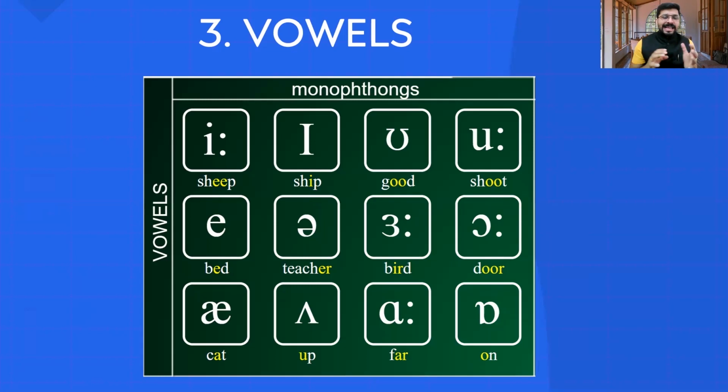Most of you might already know some of the symbols. The International Phonetic Association has taken these symbols from the old Latin alphabets, so we might find some symbols here which we have studied in our physics classes. We will get to know that later.